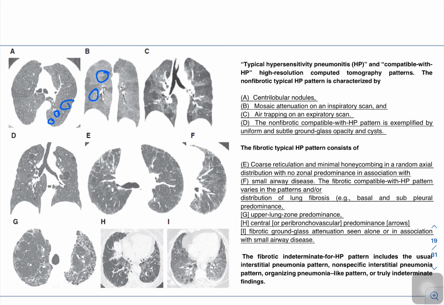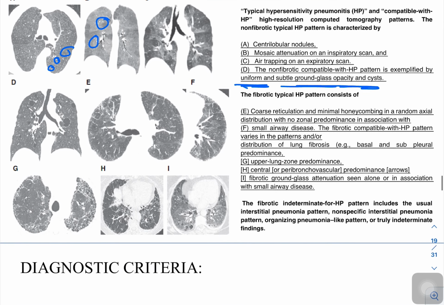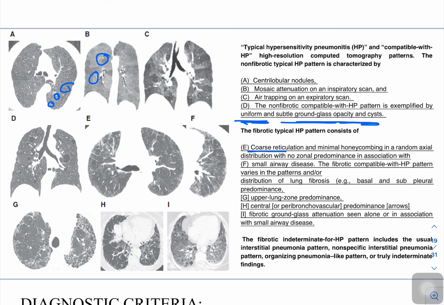The non-fibrotic compatible with HP pattern is exemplified by uniform and subtle ground glass opacities and cysts. The fibrotic typical pattern consists of coarse reticulations like in E and minimal honeycombing in random axial distribution with no zonal predominance.